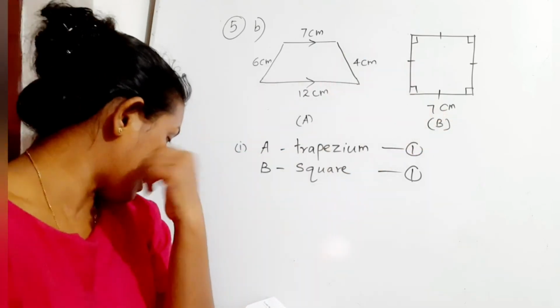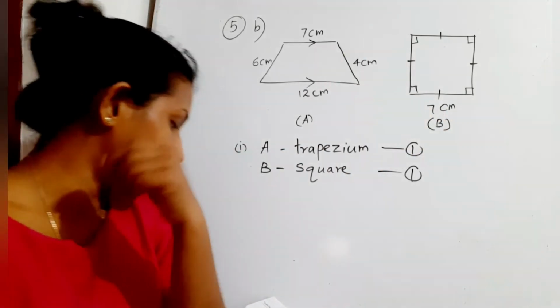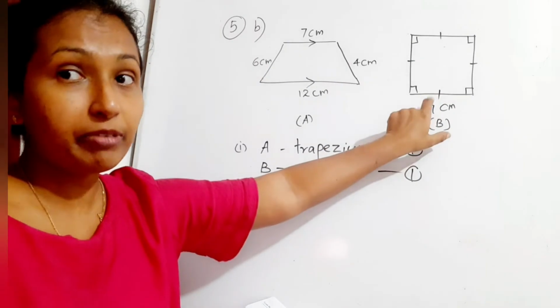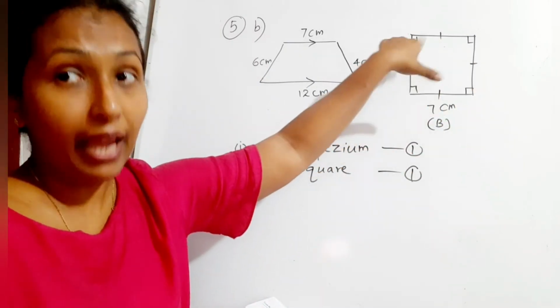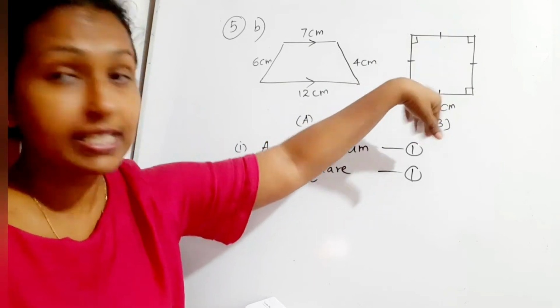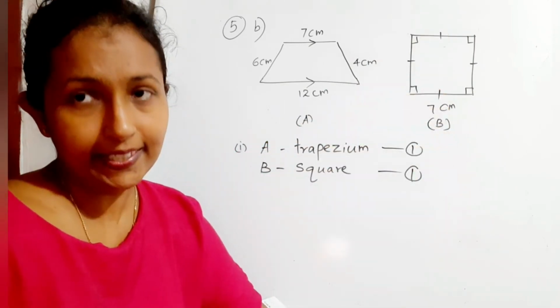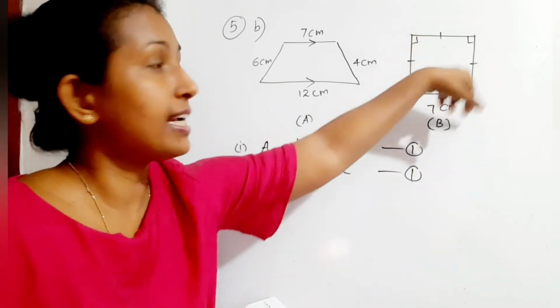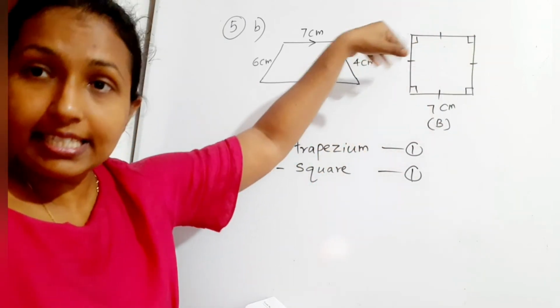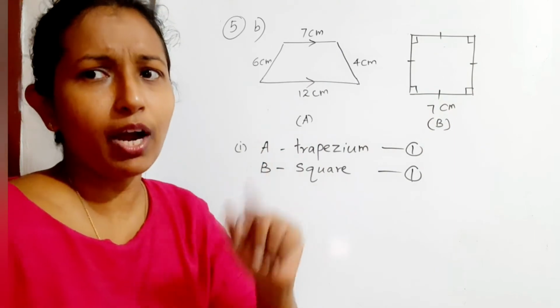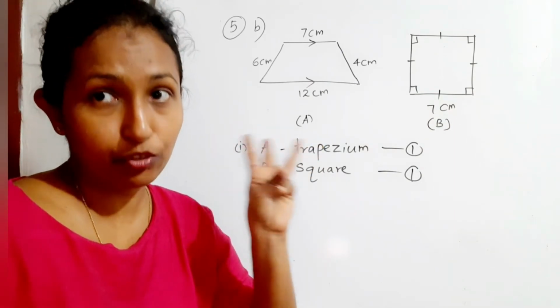For the next one, mention a specific feature in plane figure B. What are the features here? The gap between pairs of opposite sides is equal, constant. And all sides are equal. And all angles are equal. You can write any one of those 3. There are 3 features.